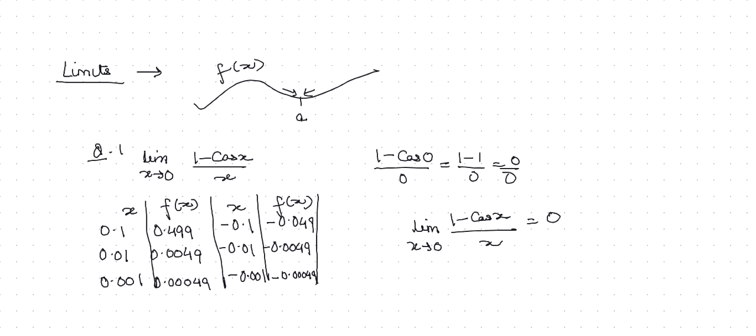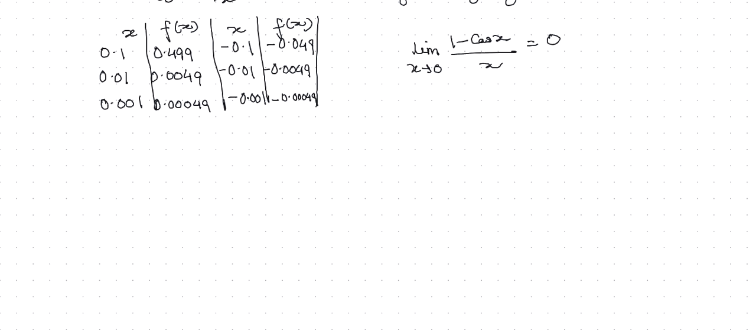Now we'll do another problem. Find limit x tends to 2 of the greatest integer function of x. We can write it like this; some books denote it like this, or like this. This is the greatest integer function.